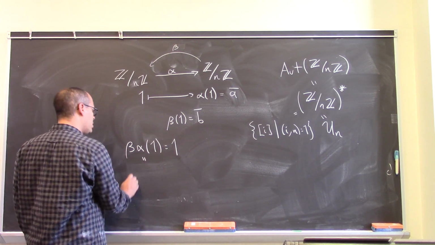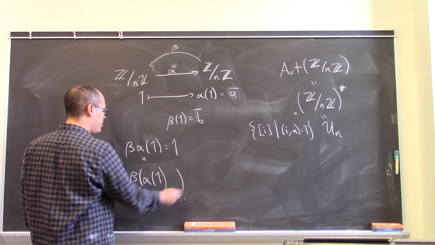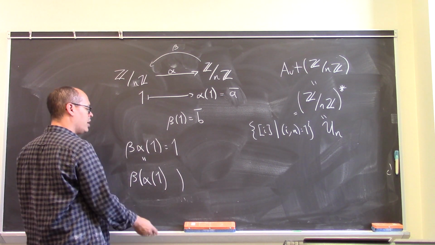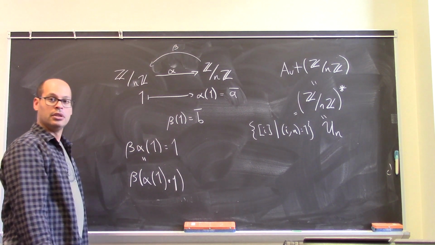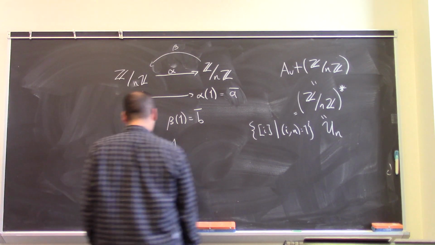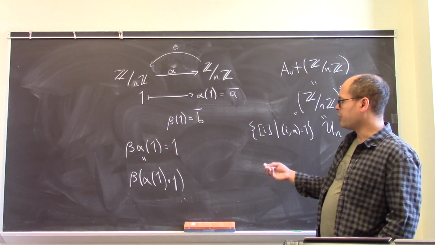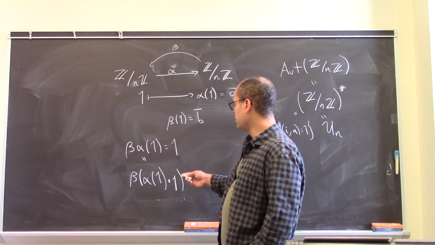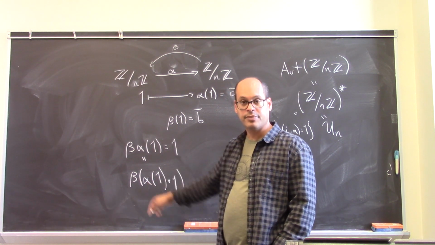But then I can look at this expression here and interpret beta of alpha of 1 as beta of alpha of 1 times 1. This is just thinking of this as taking 1 plus 1 plus 1 plus 1, a of 1 times.